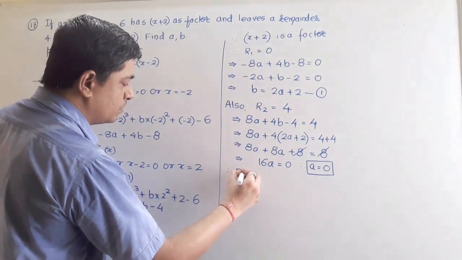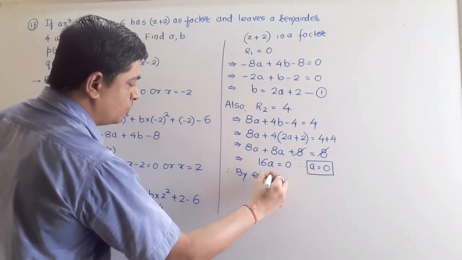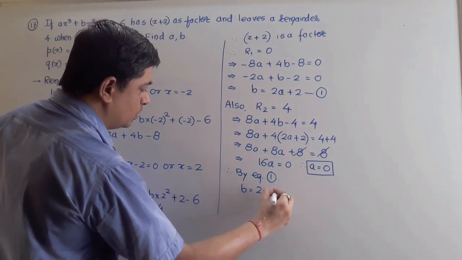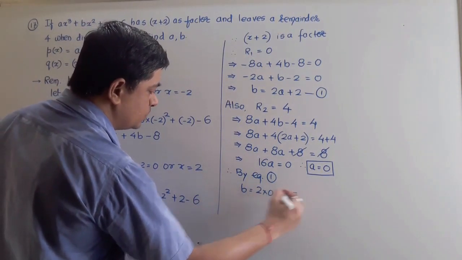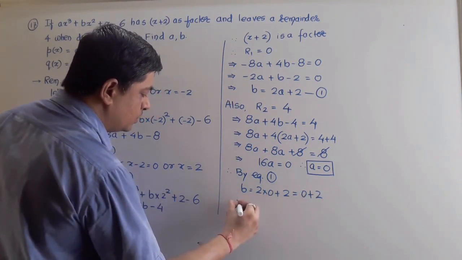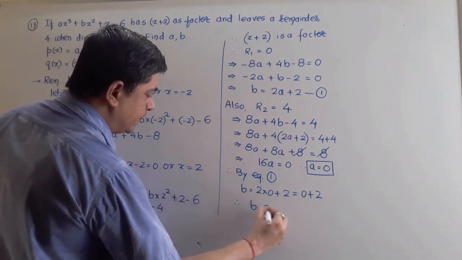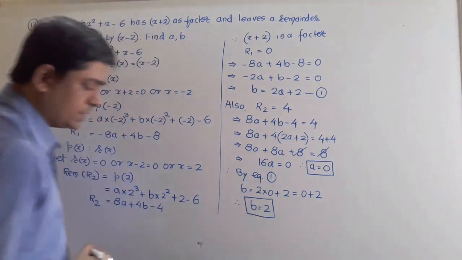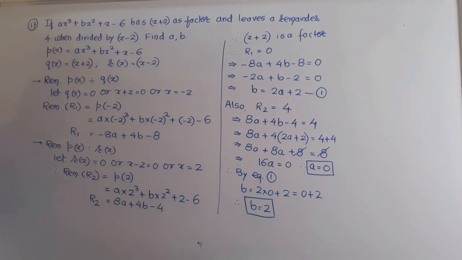So therefore by equation first, B is equal to 2 into 0 plus 2. So 2 into 0 will be 0. 0 plus 2 will be equal to 2. So value of B I am getting here as 2. So once you can look the whole question, we can start the next question now.